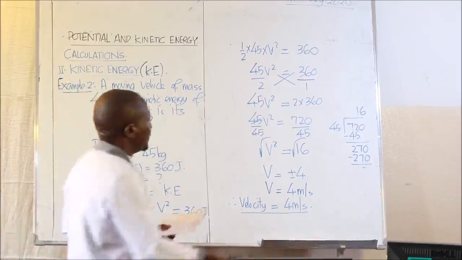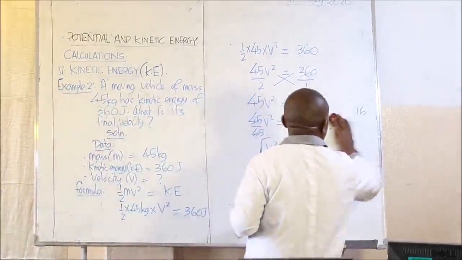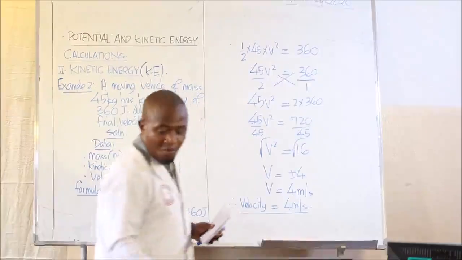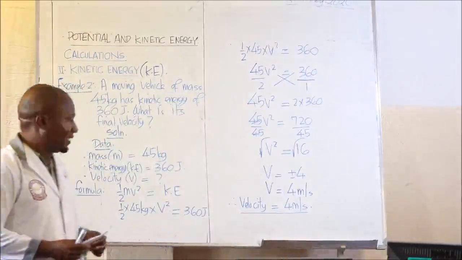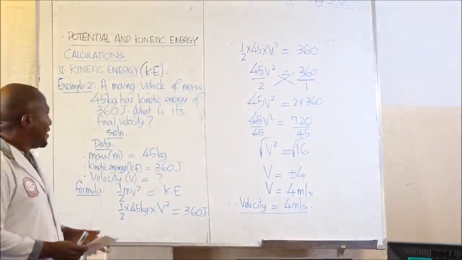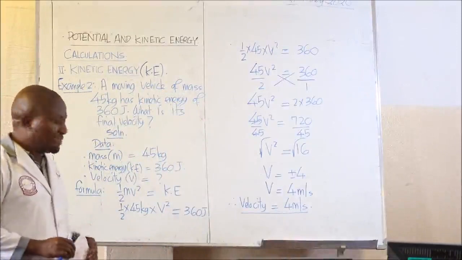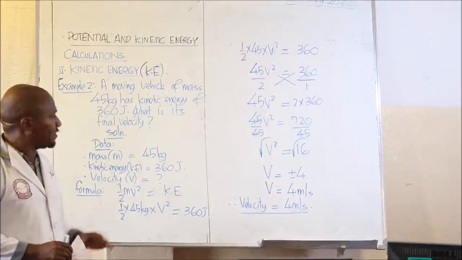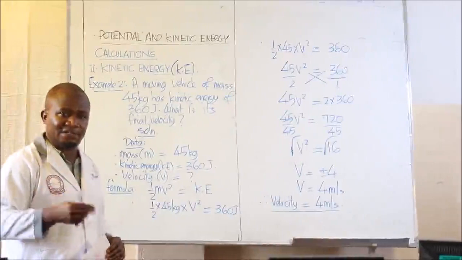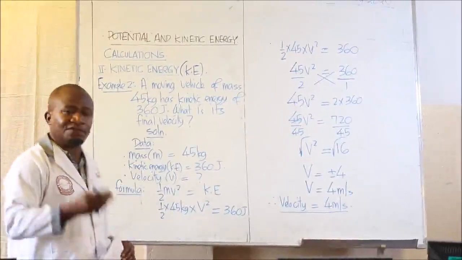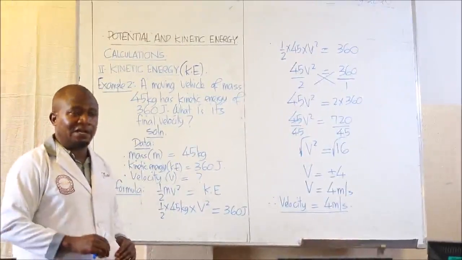As usual, we clear the board so as to leave our working open and clear. Thank you so much if this part is understood. Most important thing is you revise. You have to revise these things so you don't forget it.